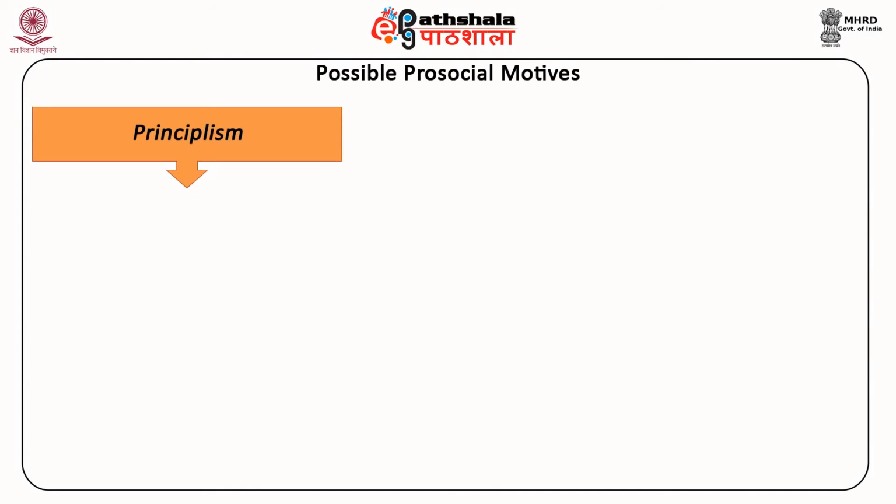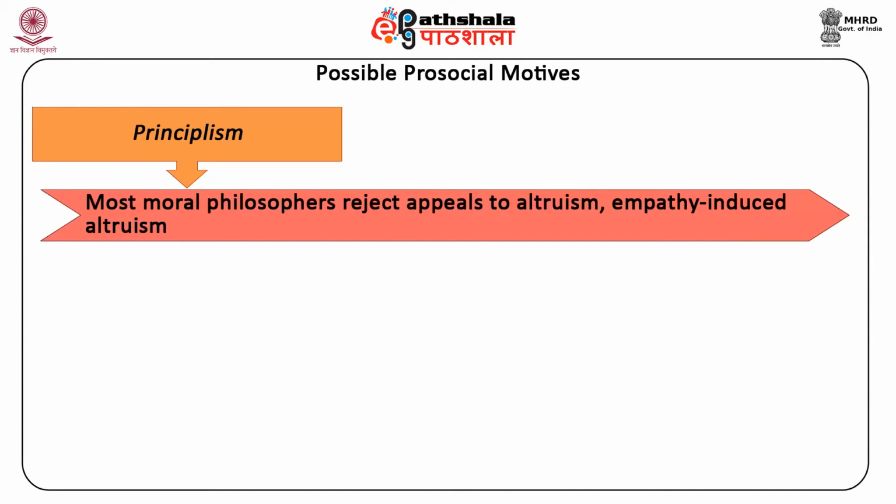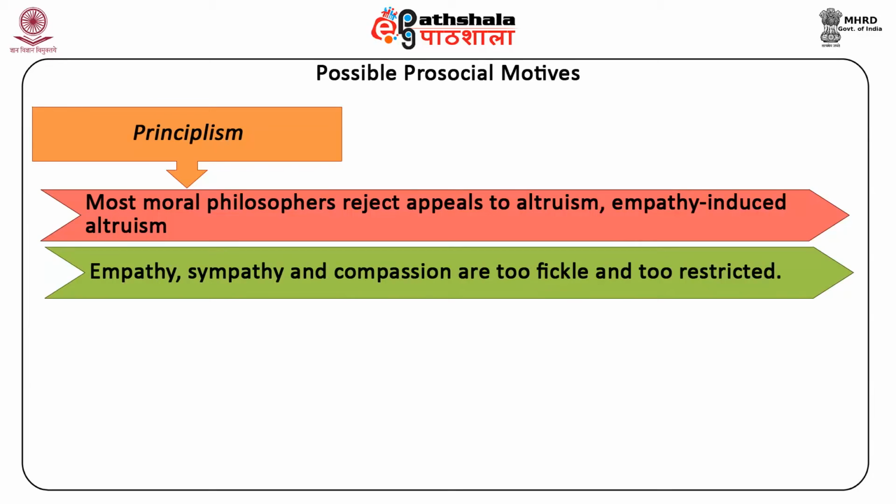Principalism: benefiting another to uphold a moral principle. Most moral philosophers do not just argue the importance of prosocial motive over egoism, but they also reject appeals to altruism, especially empathy-induced altruism, as they feel that emotions like empathy, sympathy, and compassion are too fickle and too restricted.